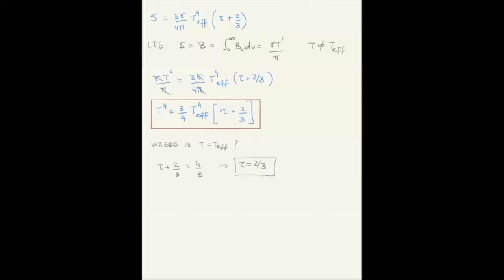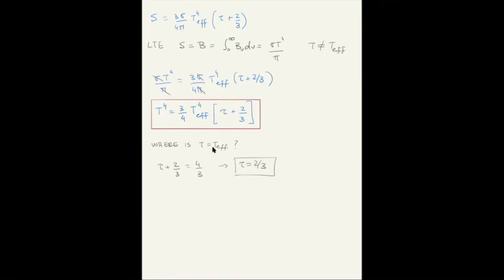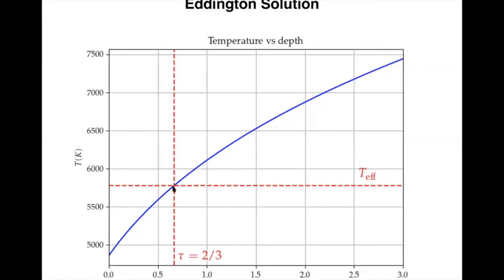At that depth, the temperature is equal to the effective temperature, which is this line here. That's this location. At tau equal to 2/3, the temperature is equal to the effective temperature. This is interesting. You're measuring the flux. Temperature being equal to the effective temperature means what is the layer that best describes the flux that we're measuring from the sun? And that is not the surface, it's at a depth equal to 2/3.